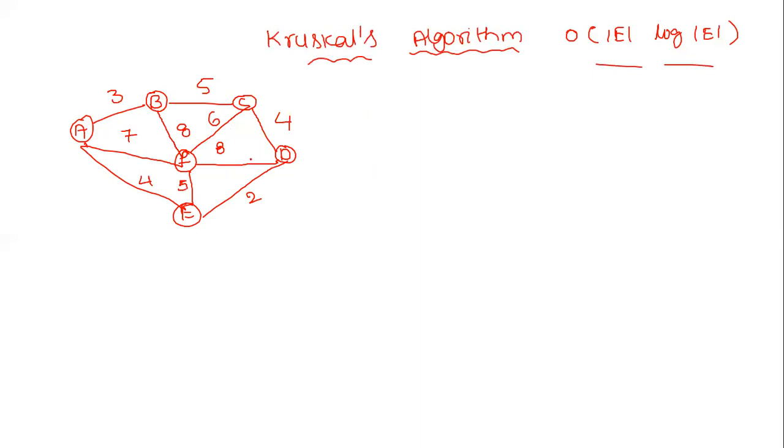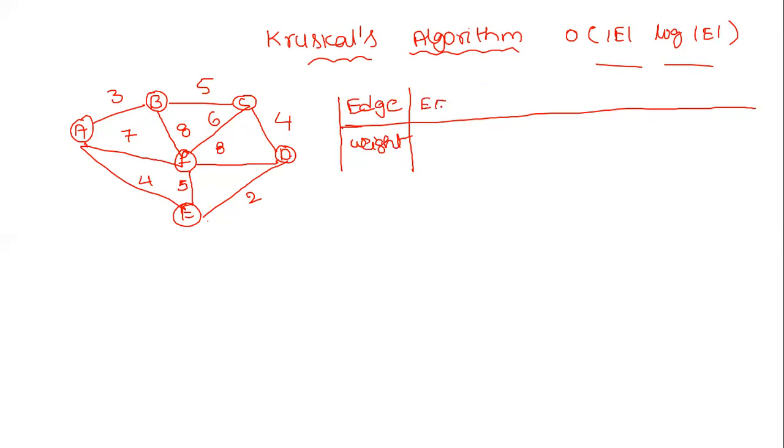In this, first we need to arrange all the edges according to weight, in ascending order, that means non-decreasing order. Among all the edges, the edge ED has the least weight, that is 2. So ED 2.